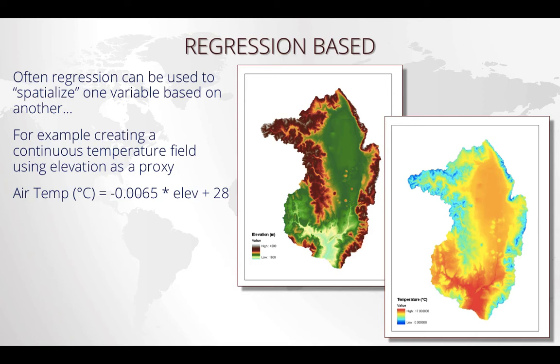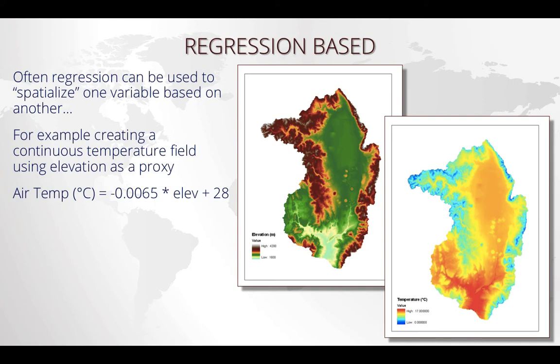One of the easiest ways to do this is to simply come up with a regression equation, typically based on empirical observations you make, that can relate one field that's hard to measure spatially with another variable that's easy to measure spatially, or you have continuous surfaces of it. Potentially the easiest example of this, and this is a really simple example, but there are operational data sets out there that people use in GIS all the time based on this approach.